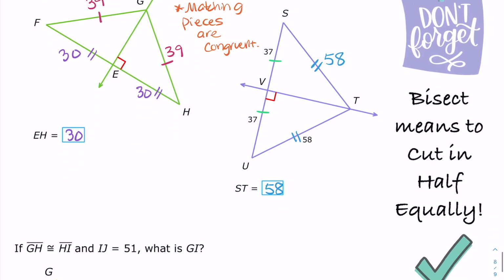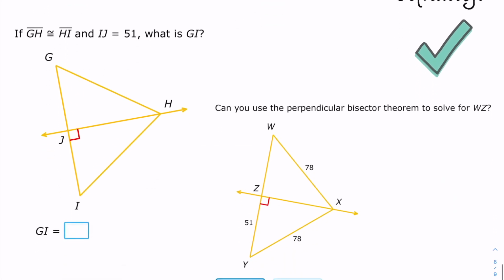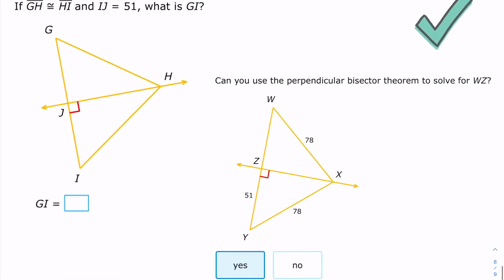All right, it gets pretty easy, right? So here it says GH and HI are congruent. So GH and HI are congruent. And that must mean now that GJ and JI will be congruent. Well, JI, they said, was 51.